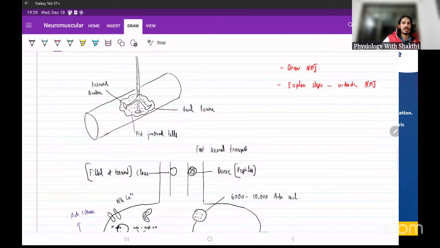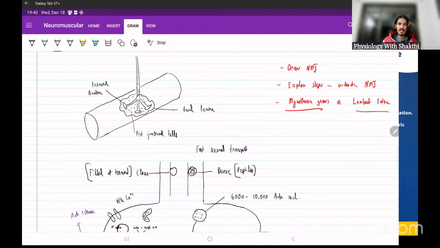That is another question. Then, an often asked question is myasthenia gravis versus Lambert-Eaton syndrome. Or sometimes separately myasthenia gravis can be asked, or separately Lambert-Eaton can be asked. These are the questions that you have to learn in this chapter.